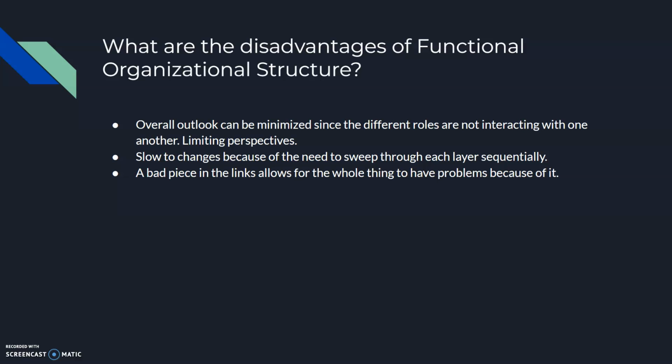Overall outlook can be minimized since the different roles are not interacting with one another. It's limiting perspectives. For instance, the view that the superintendent has could be different than what the teachers think. But since there's this chain of the superintendent passes it on to the principal, who passes it on to the vice principal, this chain and sequence of things loses it and doesn't allow this interaction.